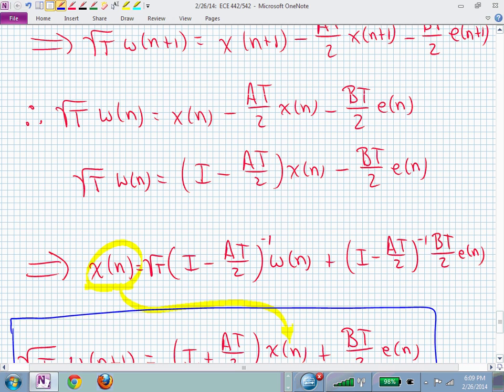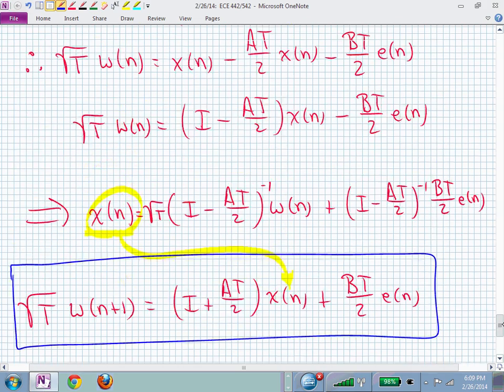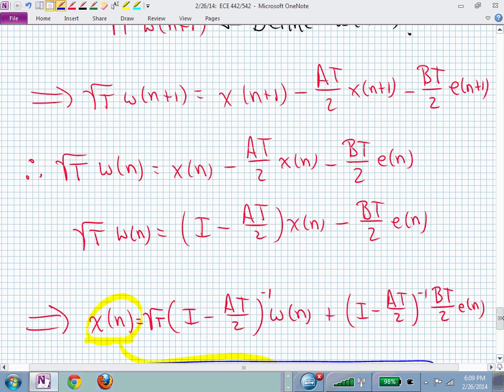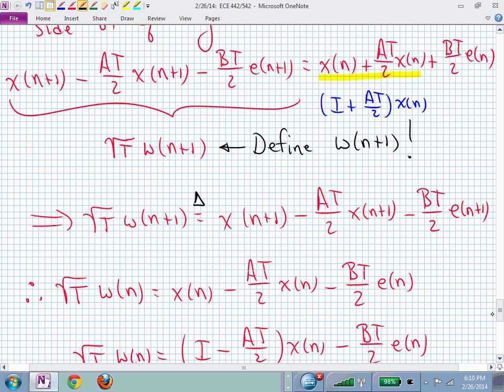Right here? That one, the square root of t. That one, I'm just saying that that's my definition of the square root of t w of n plus 1. That came from this curly brace equality, meaning the square root of t w of n plus 1 is what this curly brace is underlined.